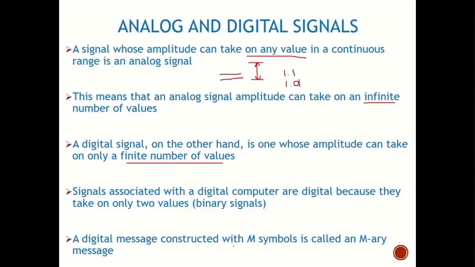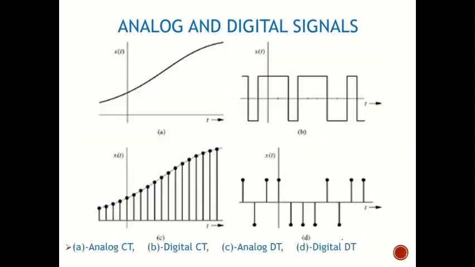A message can be constructed from M symbols, and in that case it's called an M-ary message. The number of levels that a signal has can be called M symbols, and accordingly the message is called an M-ary message.